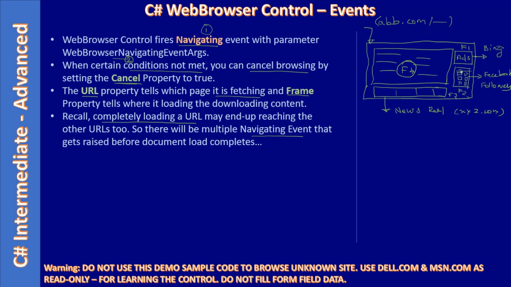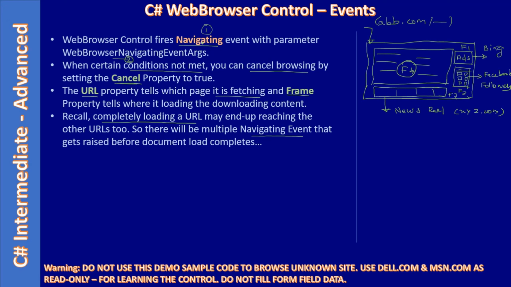We call this a frame. So that's why here we are saying, completely loading a URL may end up reaching other URLs too. These are all the other URLs: Bing, Facebook, and newsreel. So there will be multiple navigating events.